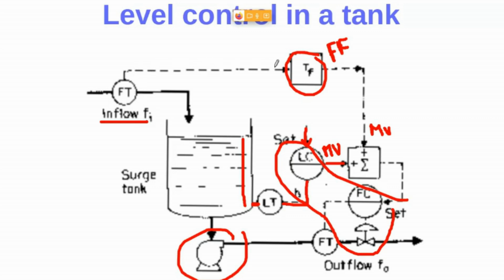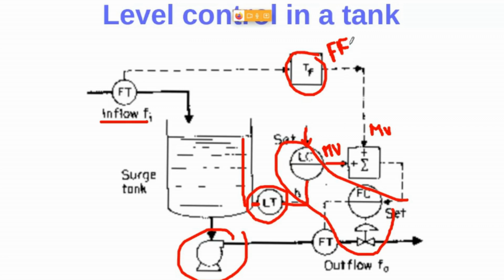And it applies a controller action just before the effect of this disturbance is noticed by the level transmitter. So that's why it's a feed forward. It applies a controller action in advance, just before the disturbance affects the variable we are interested in, right?